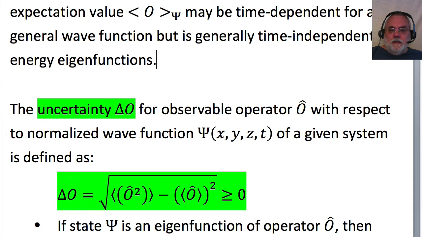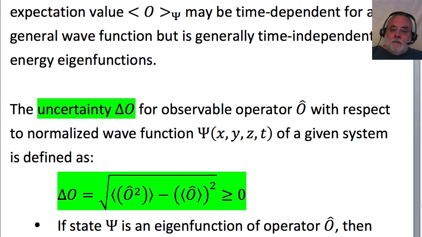The uncertainty delta O for observable operator O with respect to normalized wave function psi for a given system is defined as the square root of the expectation value of operator O squared minus the square of the expectation value of operator O, and that will be greater than or equal to 0.